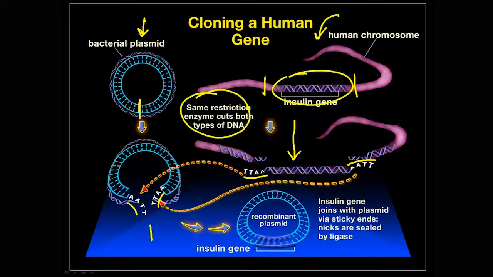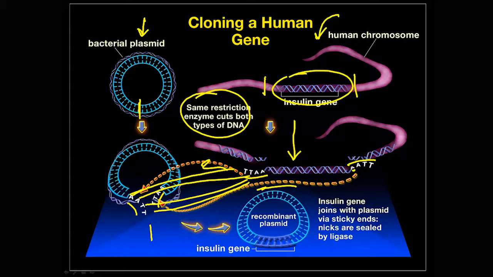So these fancy, nice arrows that the artist drew are meant to show you that not only are these sticky ends complementary to, well, it's self-complementary, right? Which shows you why this would be able to close back up, but it's also complementary over here and over here as well.